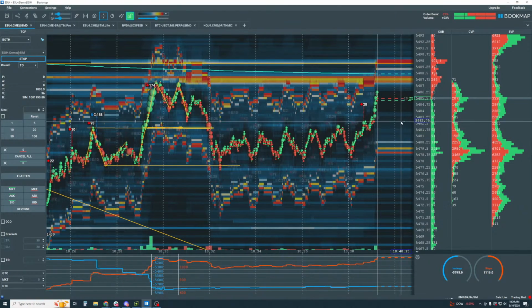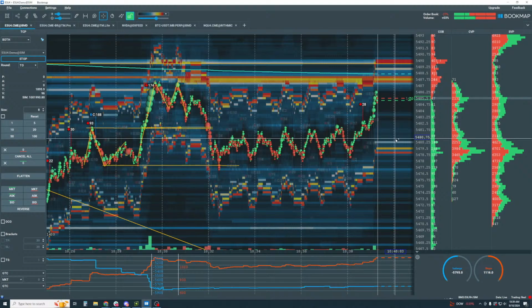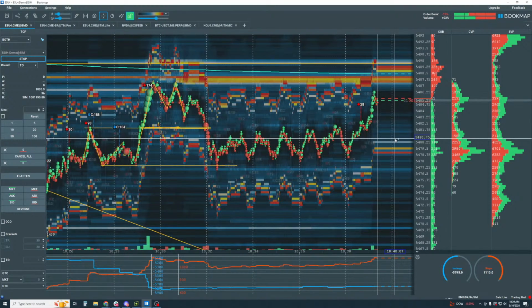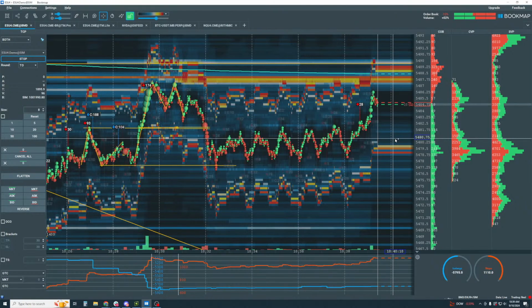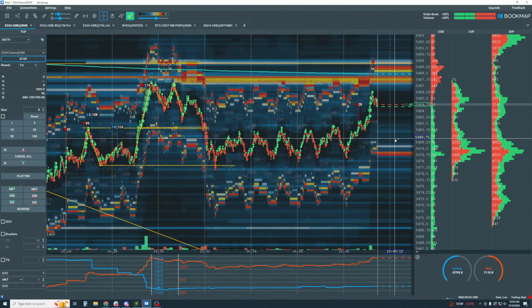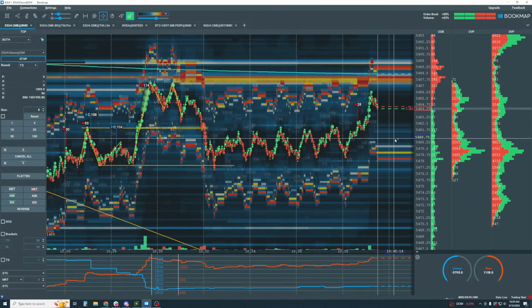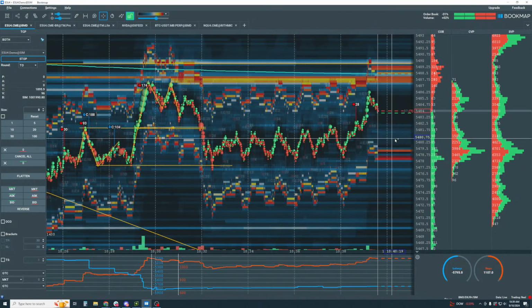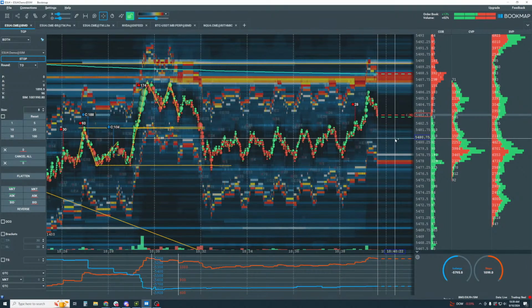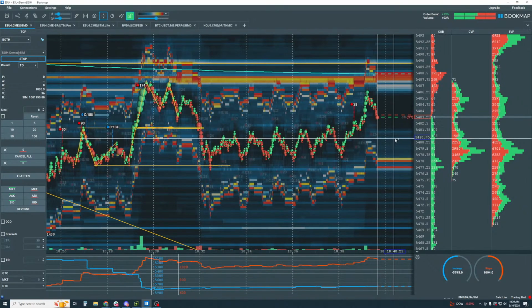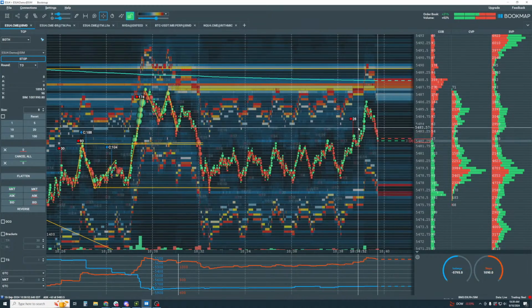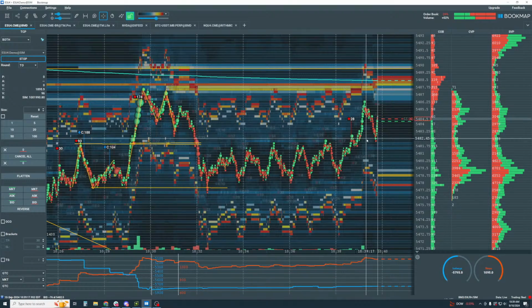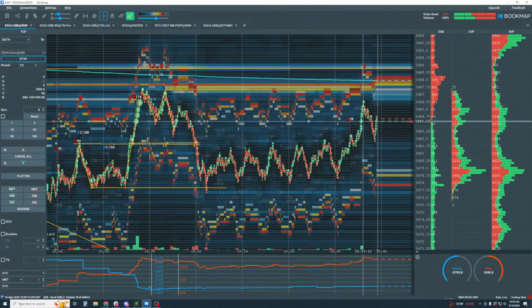Okay, bid looks good still. Okay, we retrace all the way back down, but almost got up to 87.